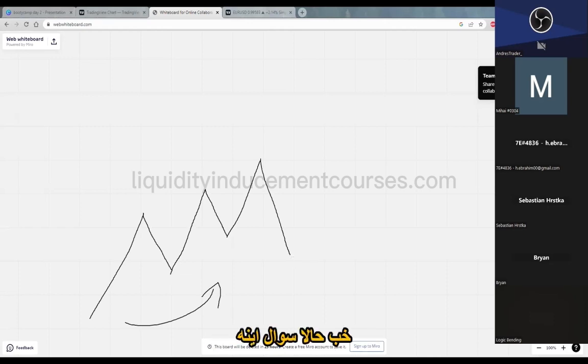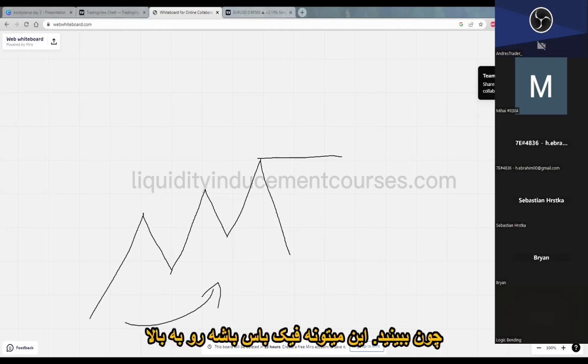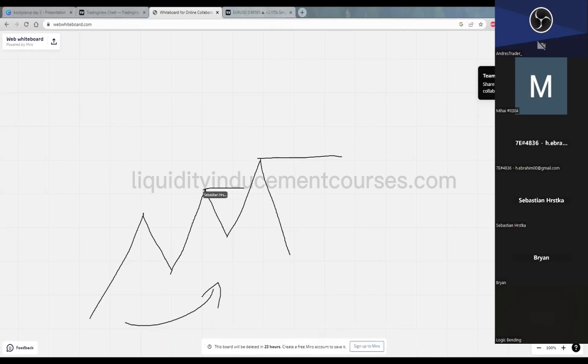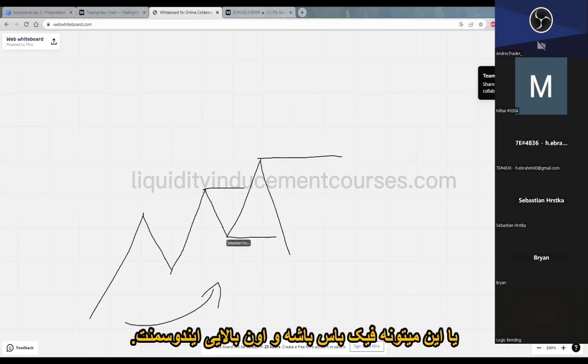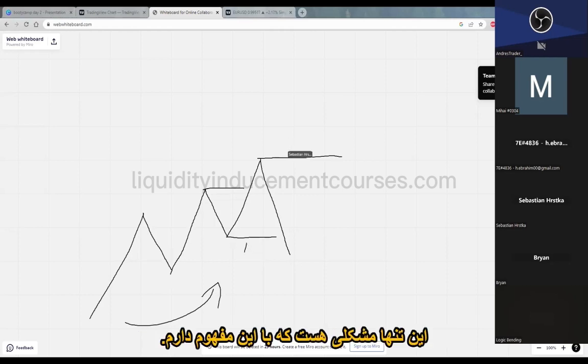So now the question is, is this structural liquidity or inducement liquidity? Because this can be the FBOS to the upside, and this can be the inducement, or this can be the FBOS and this can be the inducement.